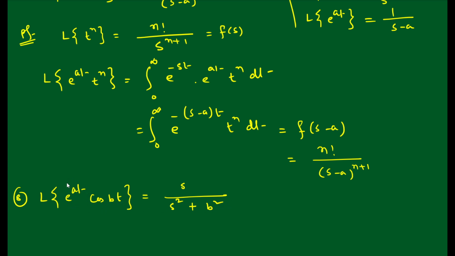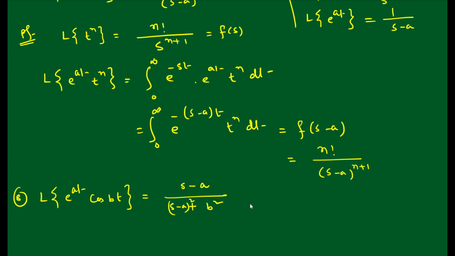But since e to the power at is there, if it is only one function, then s. But if there is one more, e will come, then you can write s minus a by the change of scale property. So now this will be modified to s minus a, and in this term we have to write s minus a whole square.